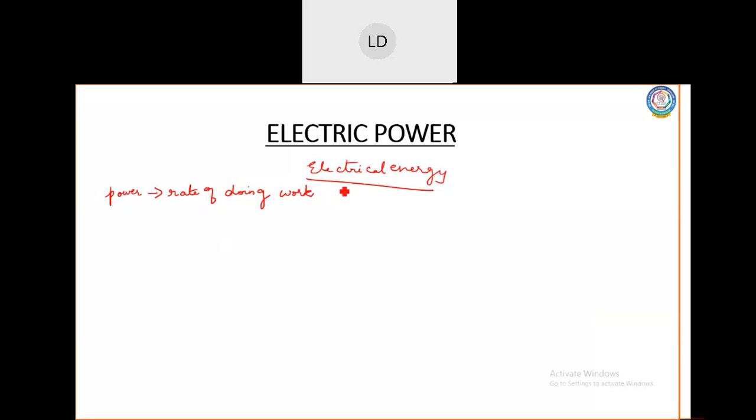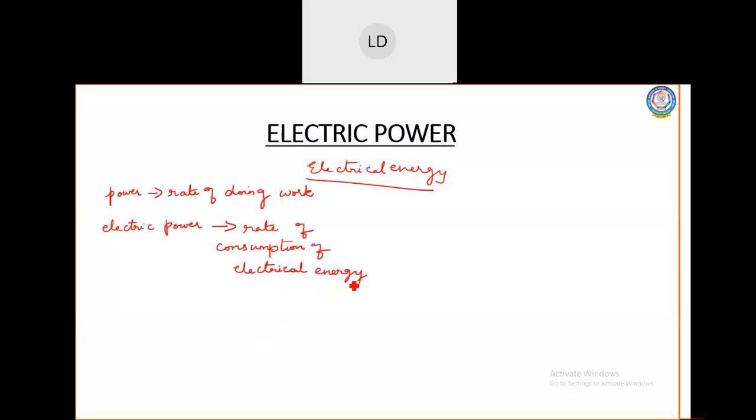Now when we talk about electric power, it is defined as the rate of consumption of electrical energy. Consumption is usage. We pay the electricity board for the electrical energy that we use, not for the current.